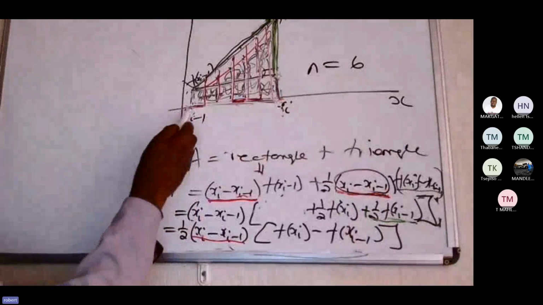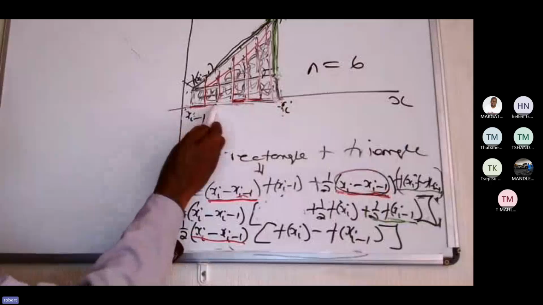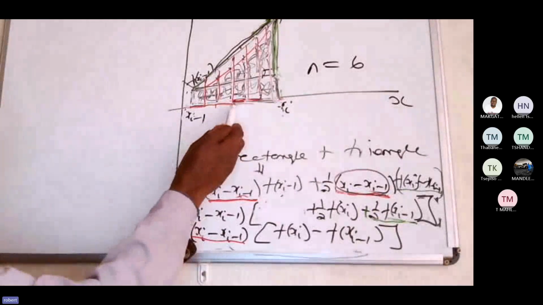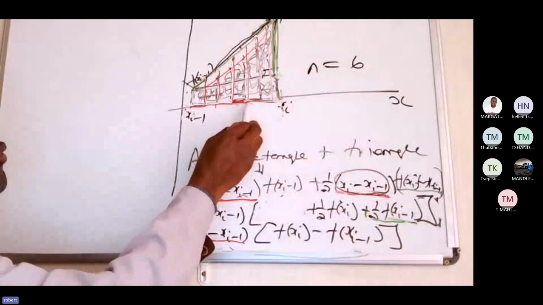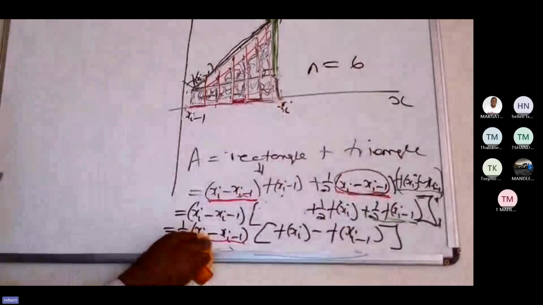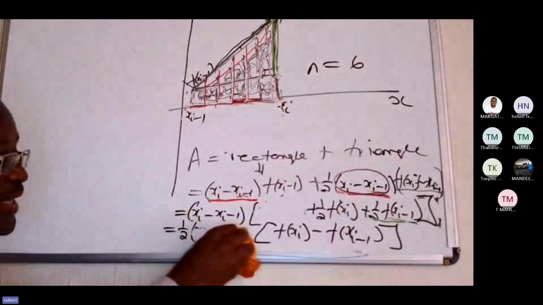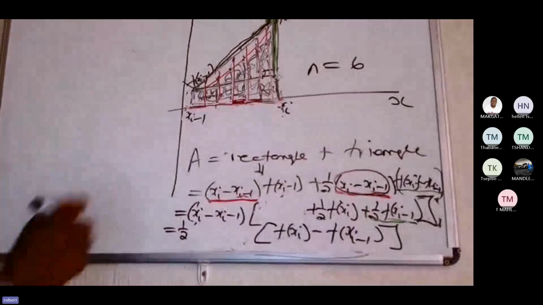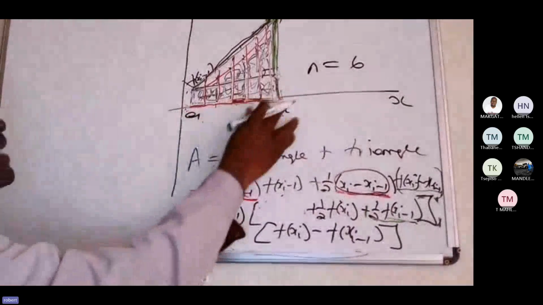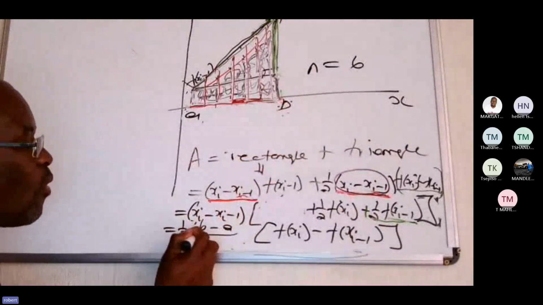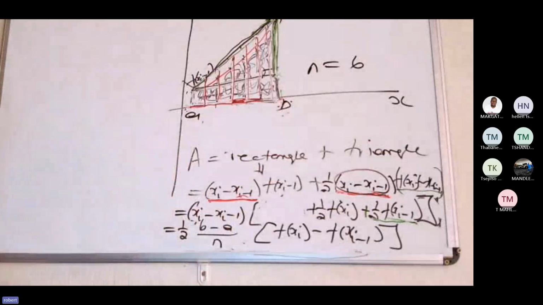Because we have said from here to here is the same as from here to here in length. It's also the same as from here to here in length, and also from here to here. So the length of this, if you say this is A here and this is B, will now be B minus A over the number of partitions.